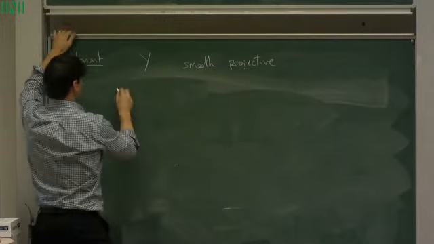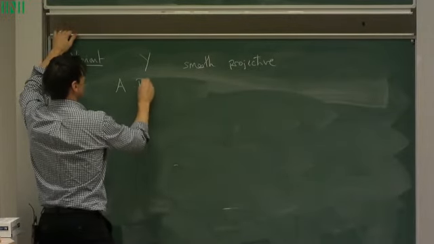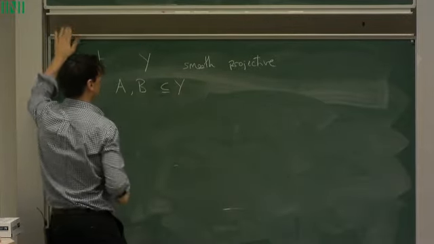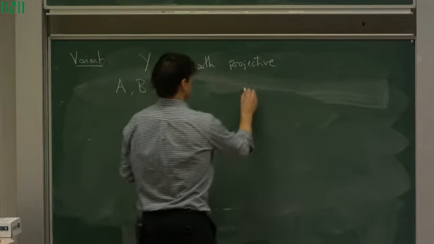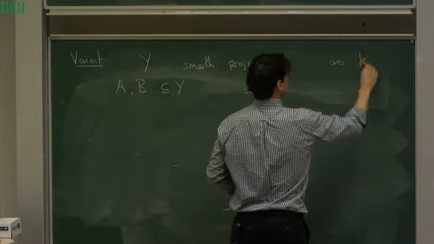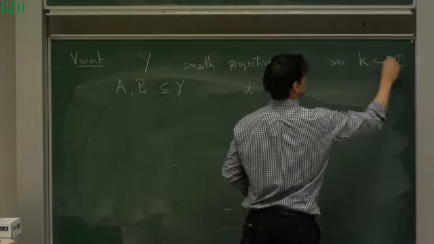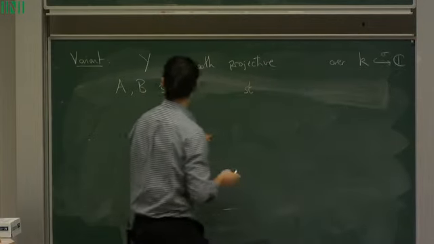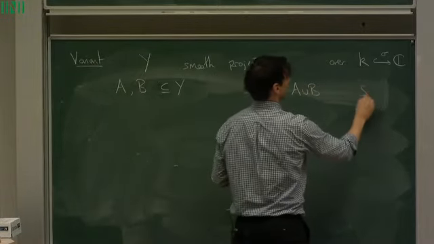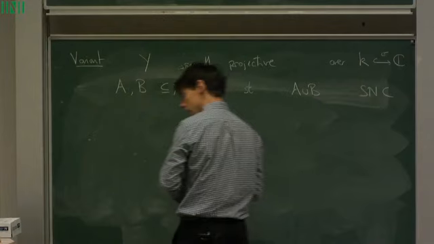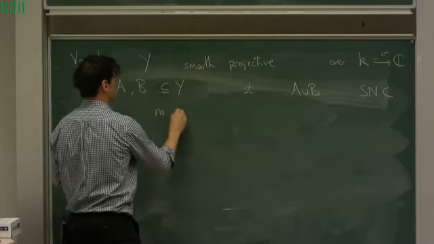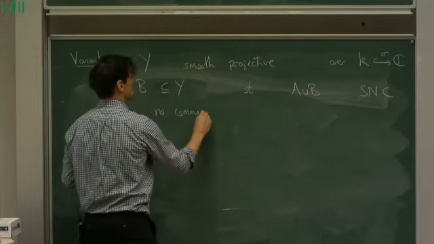And I'm going to take A and B, two sets of divisors over K as before, such that their union is a simple normal crossing divisor, and furthermore, that they have no common irreducible components.